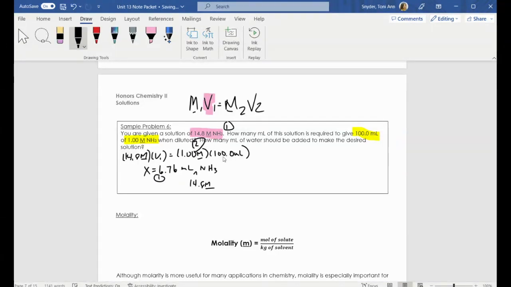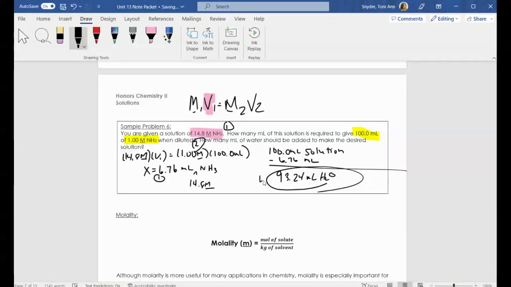However, there's this second question here. It says how many milliliters of water should be added to make the desired solution? So I want a solution that's 100 milliliters. And if I have to add 6.76 milliliters of ammonia, in this case it looks like I would need to add 93.24 milliliters of water to that solution.